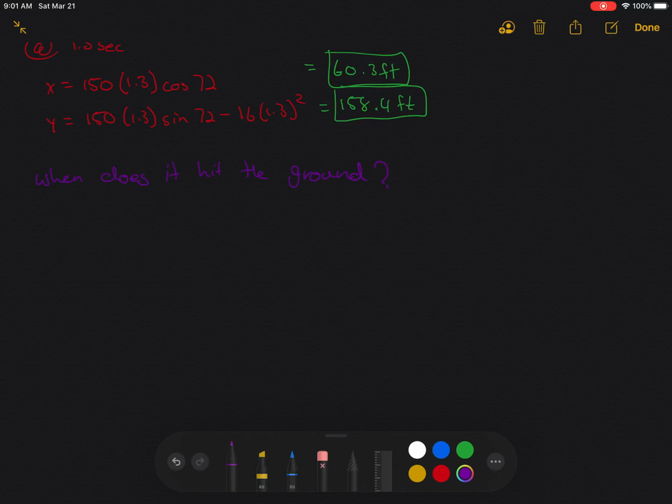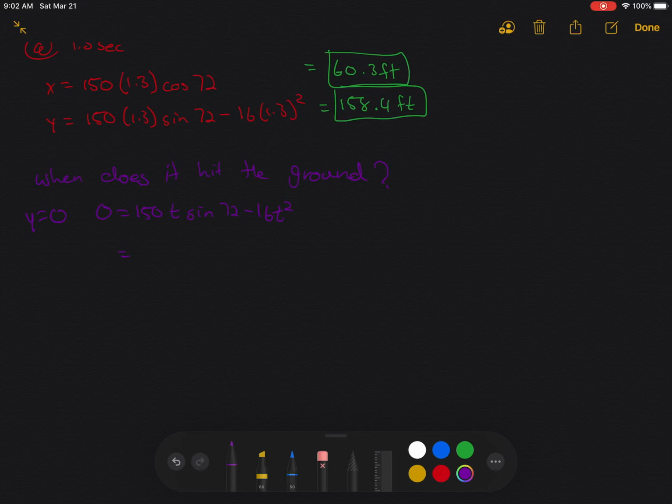In this case, when we set y equal to 0, we get 0 equals 150t sine 72 minus 16t squared. With this equation, we have t's in both of our parts, so we can pull out the t.